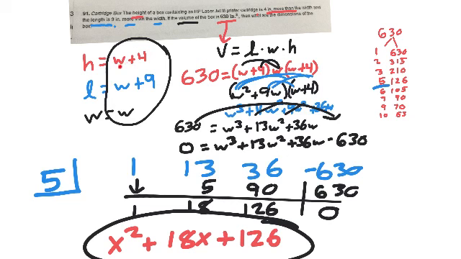So if I plug in 5 here, then that would give me a height of 9, a length of 14, and a width of 5. So I would do 9 times 14 times 5, and I get 630.